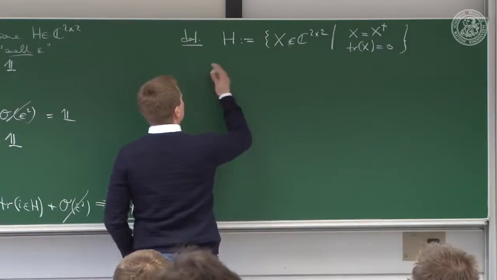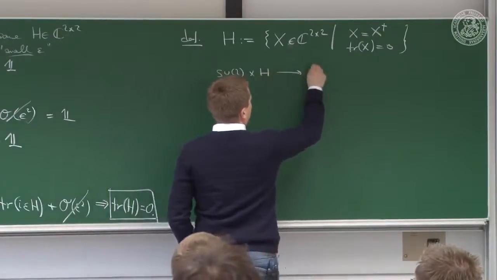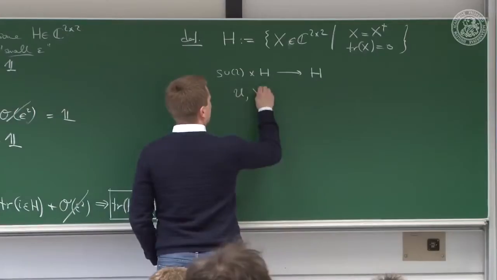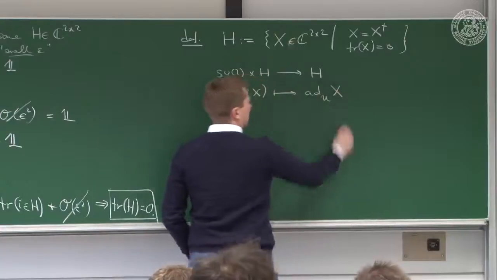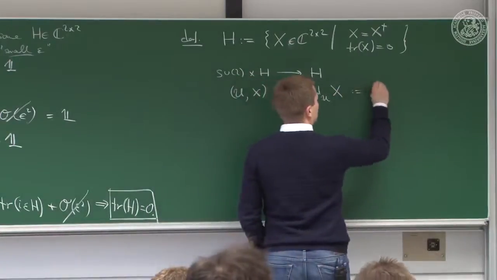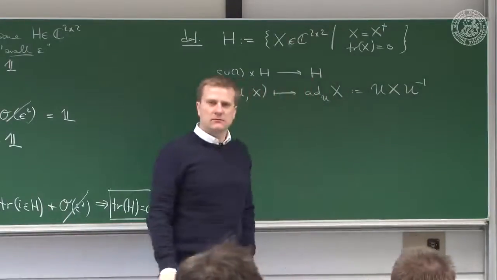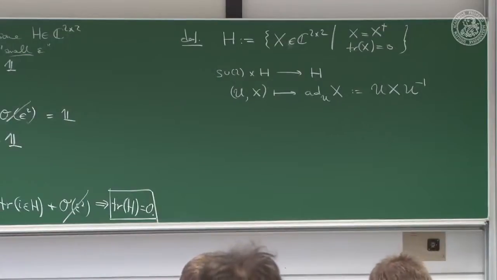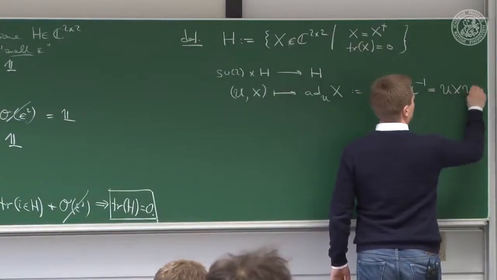Well, we can have an SU2 action, SU2 cross H going into H, by taking a U and an element X from H and mapping this to the adjoint action of U on X, which is U X U inverse. But we see from U dagger U is 1 that U dagger is the inverse of U. So in this context, this is U X U dagger.